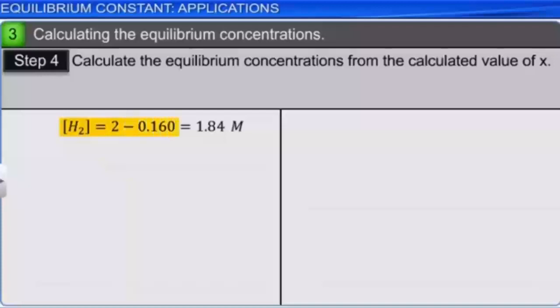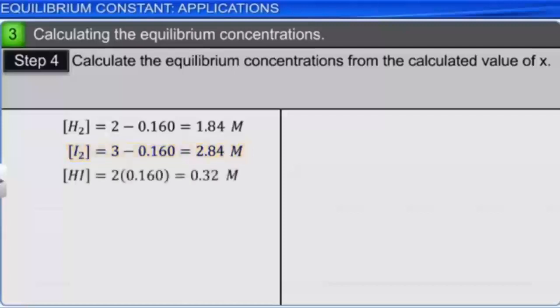In the case of iodine, the initial number of moles was 3, and hence the equilibrium concentration would be 3 minus 0.160. This is equal to 2.84 moles per liter. And finally, the equilibrium concentration of hydrogen iodide will be equal to 2 multiplied by 0.160. This is equal to 0.32 moles per liter.